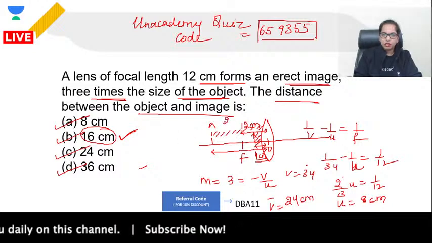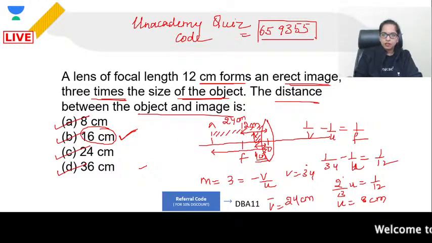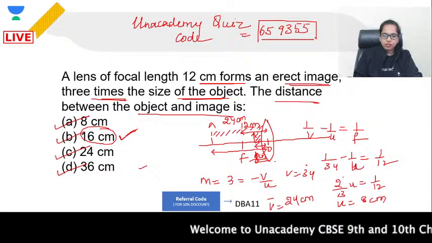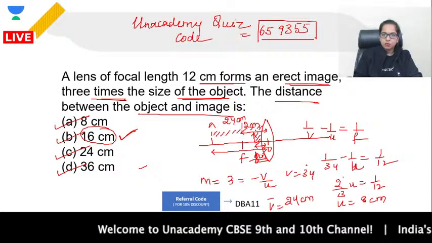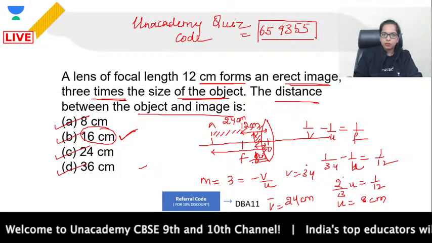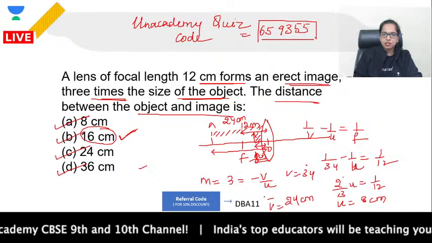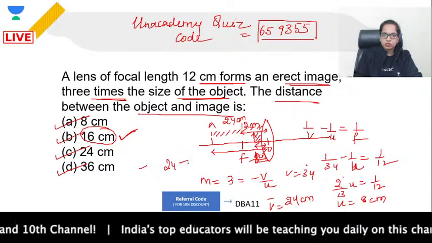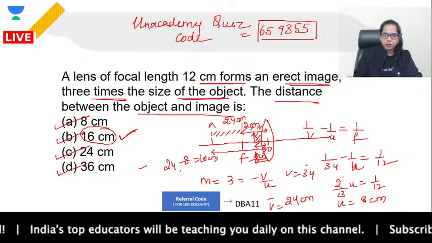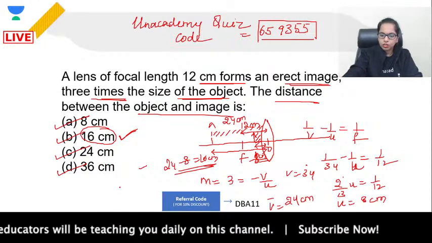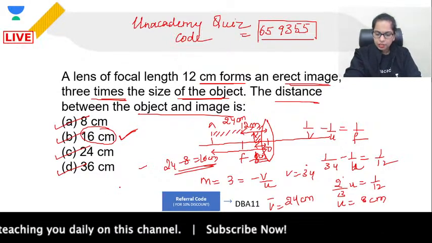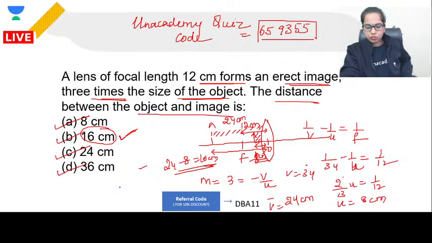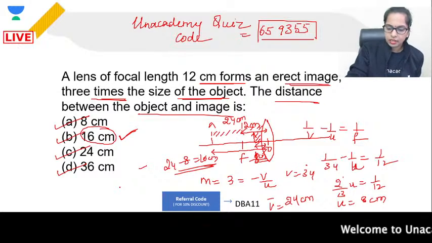So we have got this as 24 centimeters, we have got this as, sorry, 8 centimeters, okay, we have got this as 8 centimeters. So the distance between object and the image will be how much? 24 minus 8, it will be equal to 16 centimeters. So by this method also you can do it. Yes, long method is the best one. You will be reaching the right answer, that is 16.